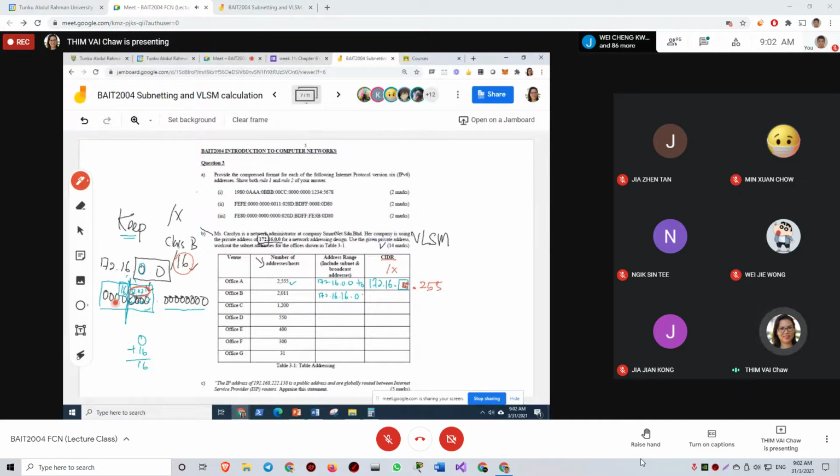Now you have these 4 bits you don't want, so give them to the network portion. So that's why it's 16 plus 4 will be /20. Not enough space, that's why I put it in another space over here, next to the table already.